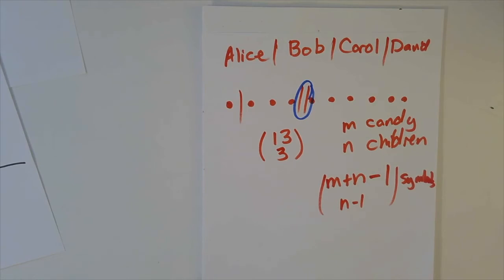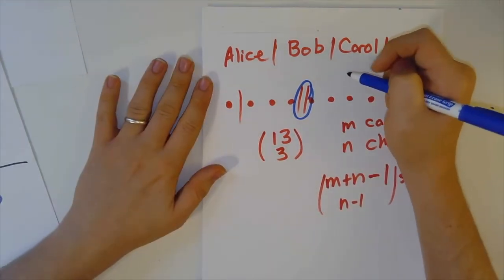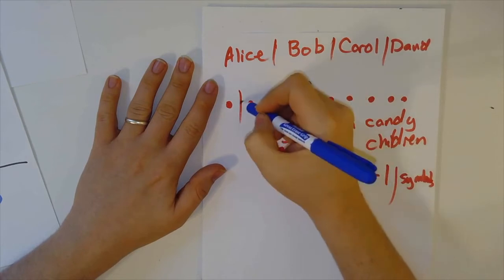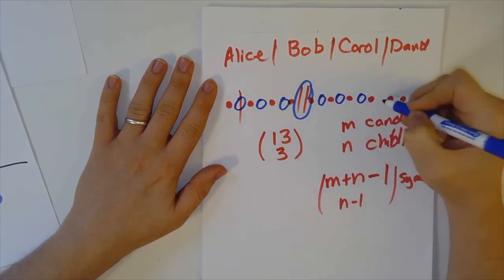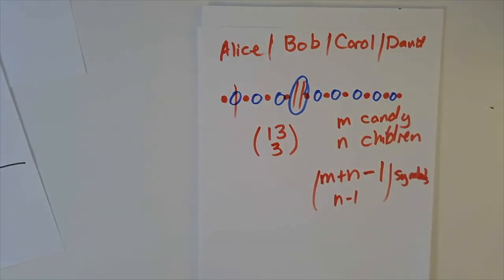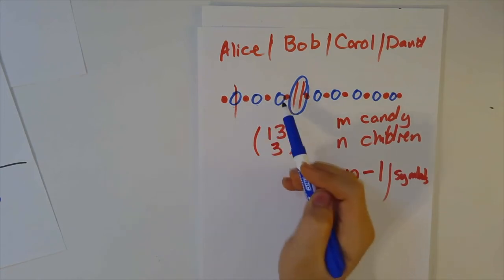Okay, that again seems like that's going to be a hard question, but I can think about it a different way. I can think of it as, for each gap between the children, I need to either put a bar there or not put a bar there. So there's either a bar here or not, a bar here or not, a bar here or not.